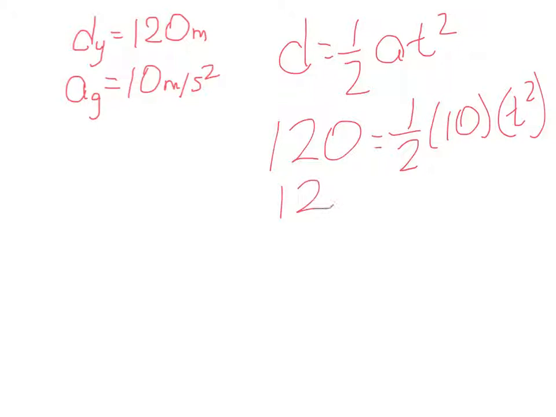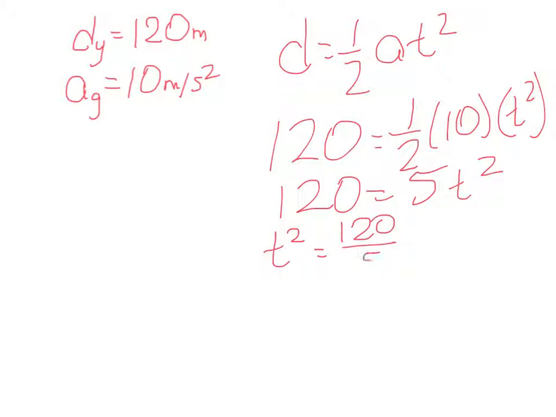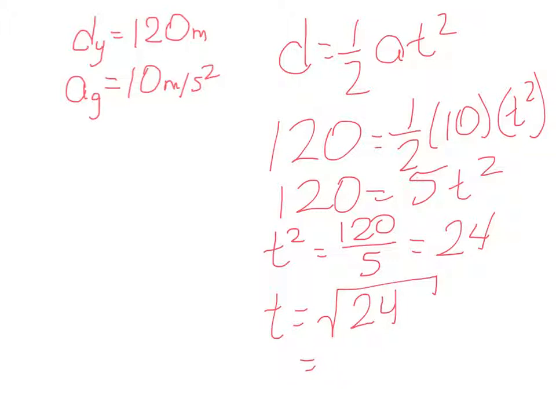So that's 120 equals 5 t squared. So t squared is equal to 120 over 5, which is 24. So t is equal to the square root of 24, which is 4.9 seconds. So the time it takes to hit is 4.9 seconds.